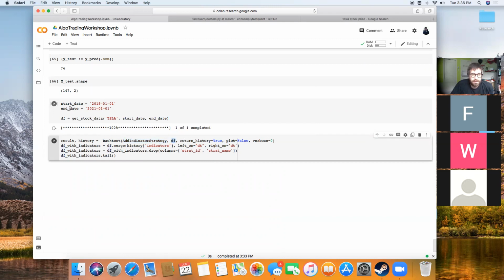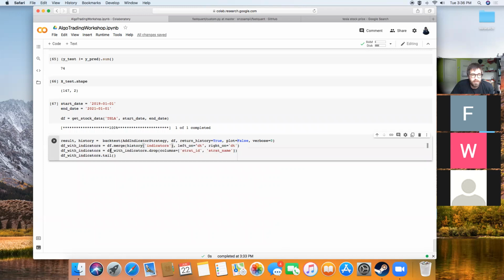We're passing df, which is this new data that we got, and we're getting it here with result and history. We are creating a df with indicators by merging the df with history indicators by using dt.